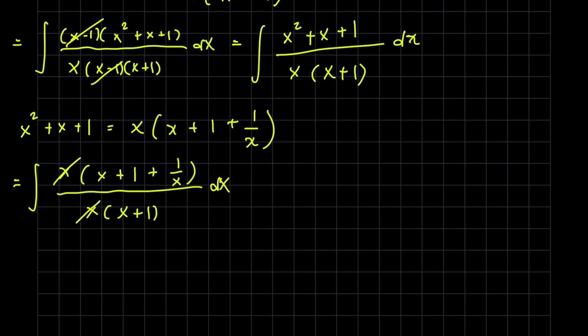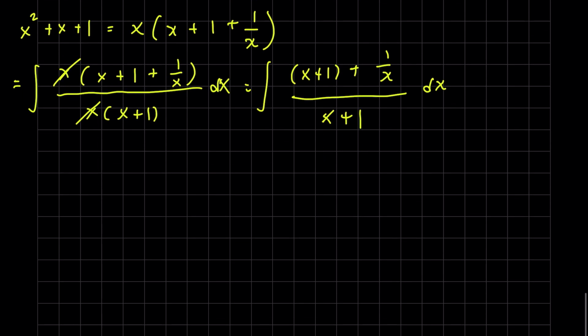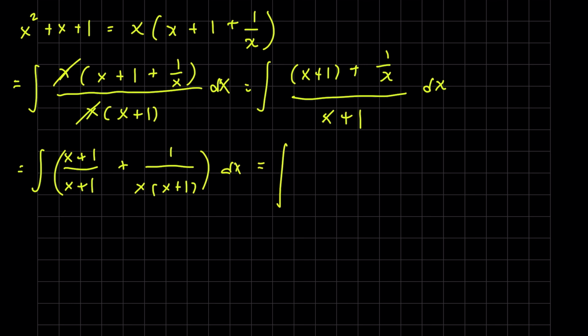These x's end up canceling, and so we have the integral of (x + 1/x) divided by (x + 1) dx. And notice we could separate this into the integral of (x + 1)/(x + 1) plus 1 over x(x + 1) dx. So we have the integral of 1 plus 1 over x(x + 1) dx.